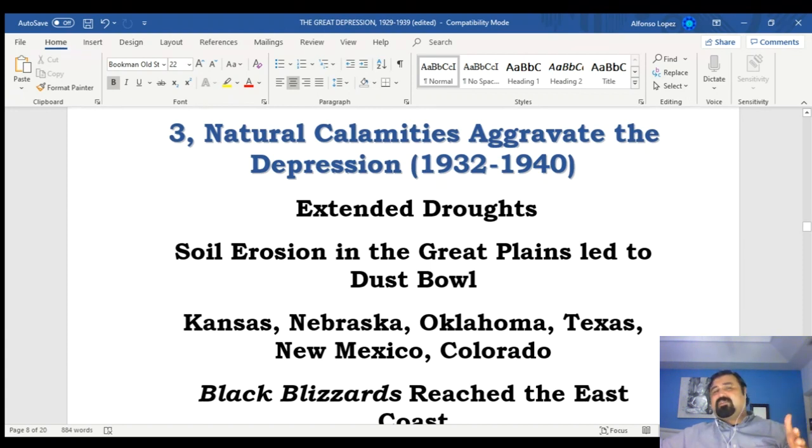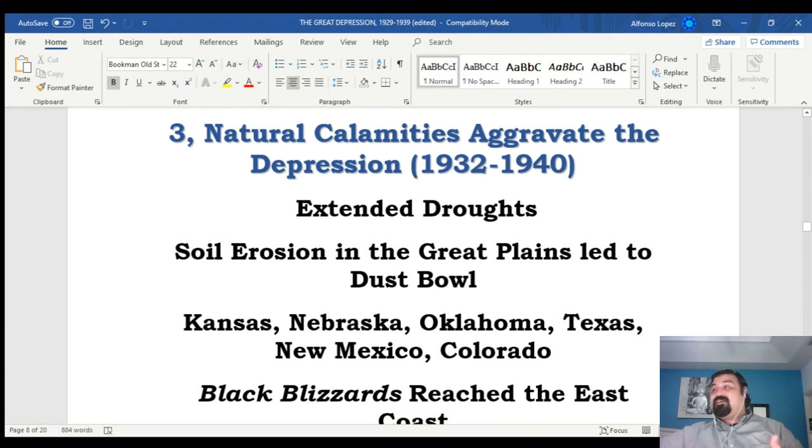And the Great Depression is no exception. The Great Depression actually occurred as well because during the 1930s, particularly when we look from 1932 to 1940, those 8 years, what we see is that in that decade, worldwide, we're going to see natural calamities that made the Depression very, very real.